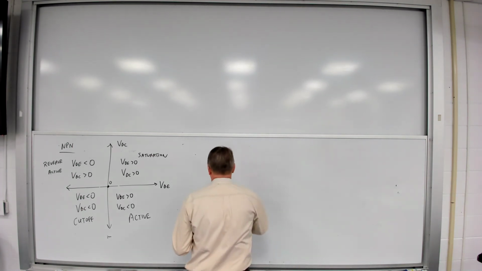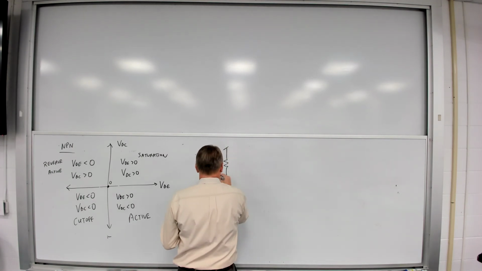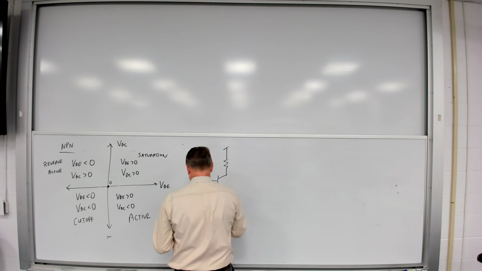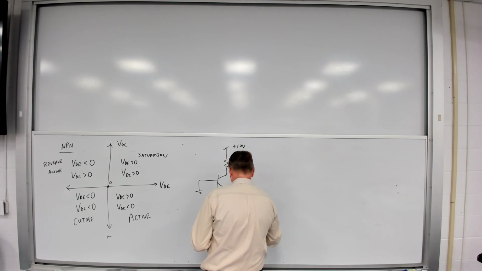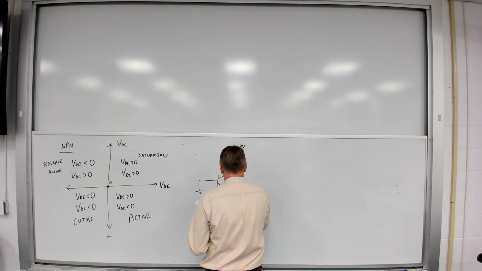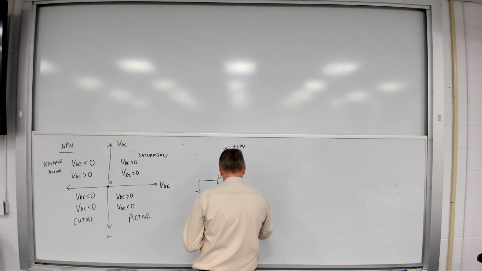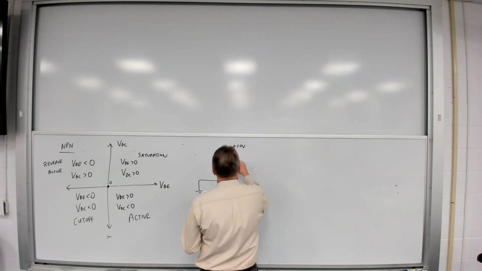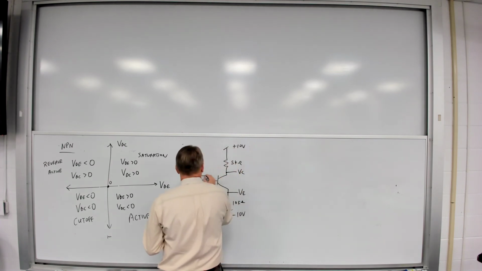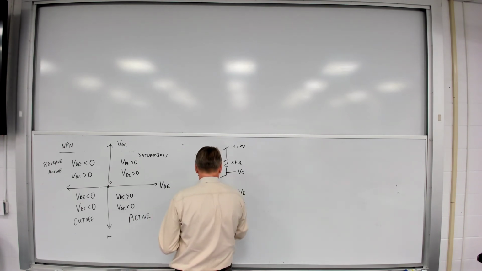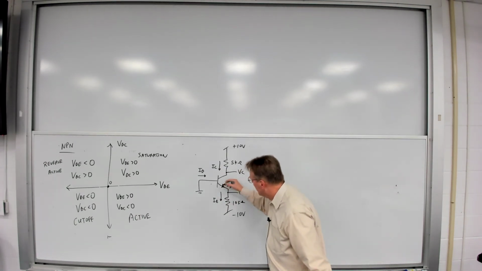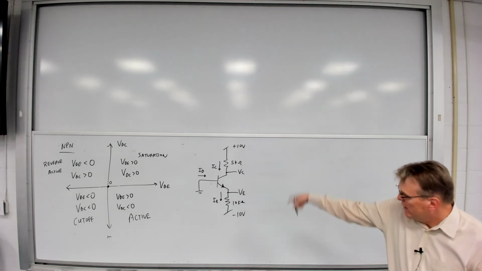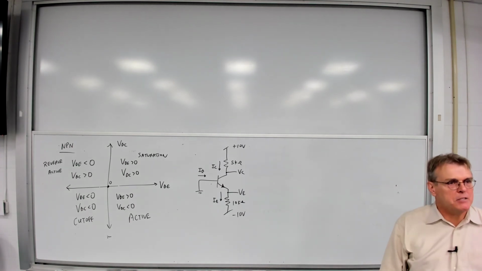Let me draw a circuit. So here's our first circuit, an NPN transistor, and I want to analyze the circuit and determine the currents in this circuit, IB, IC, and IE.